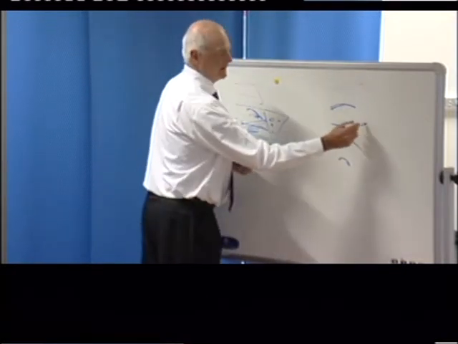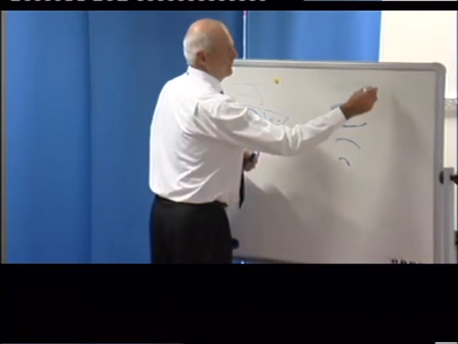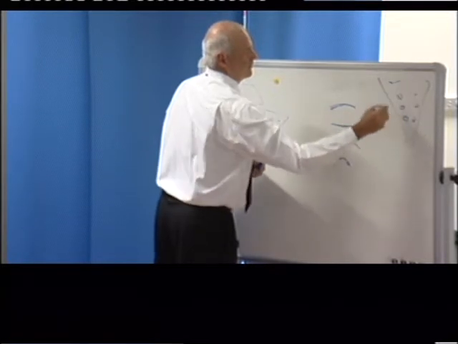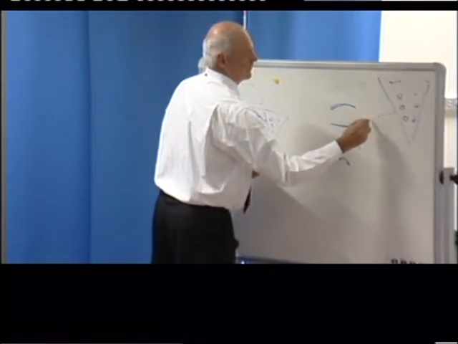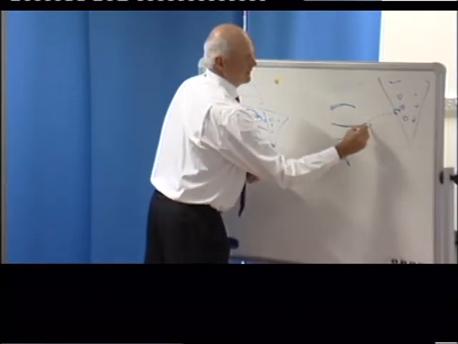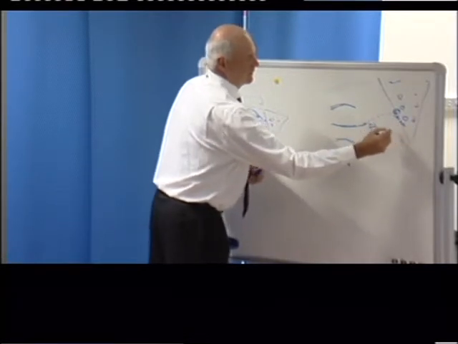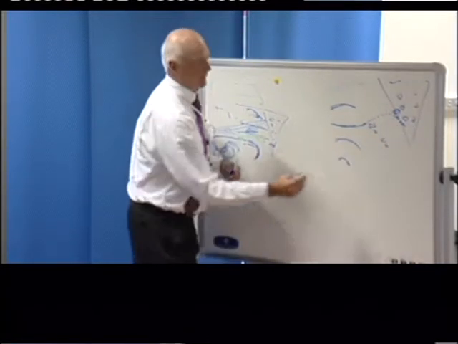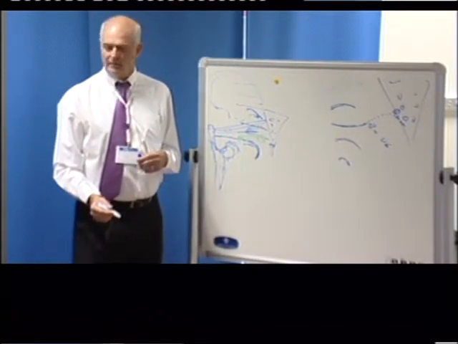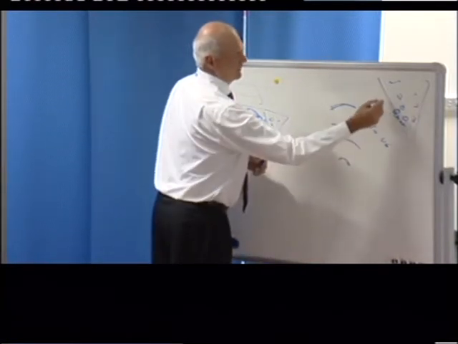This is the ischial spine. When the ischium is flat going up, that is the ischial spine. Sacrospinous ligament, on the ischial spine. Okay?